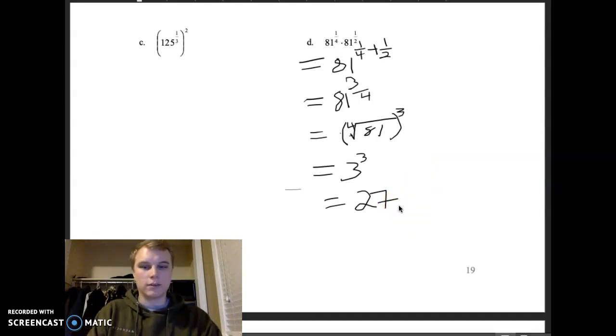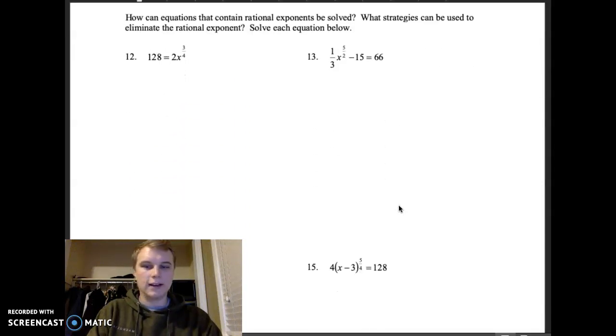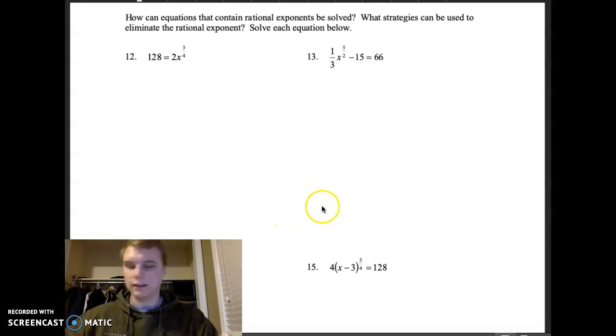So we're going to move on to the next page. Now we're going to use this to help us solve equations. In this case, we're solving for x, just like any other time we have this situation. So we're going to do 12 here.